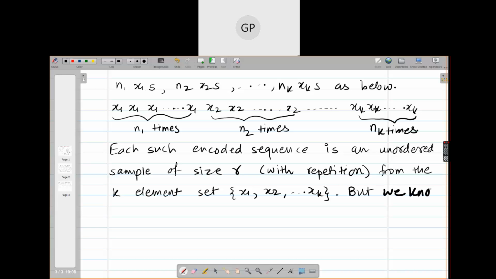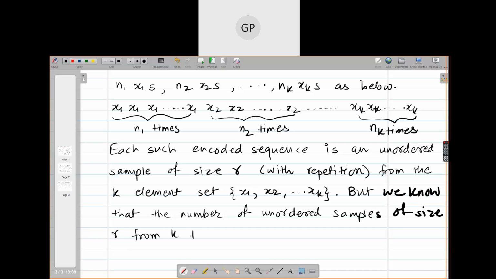But we know the number of unordered samples from k types of elements.